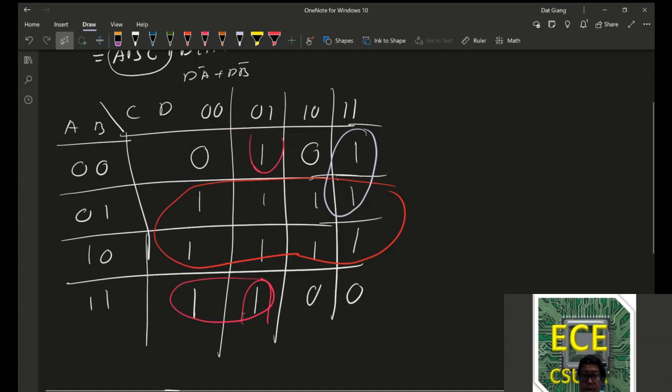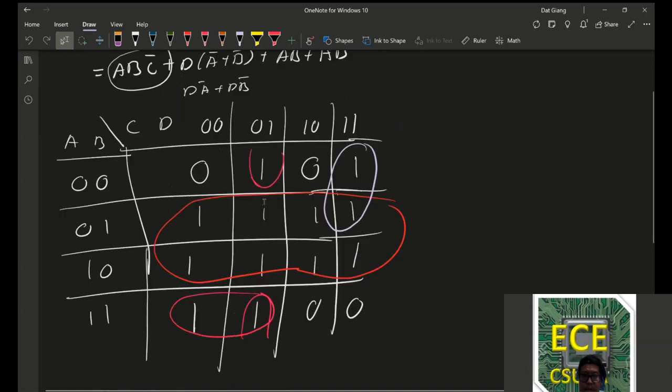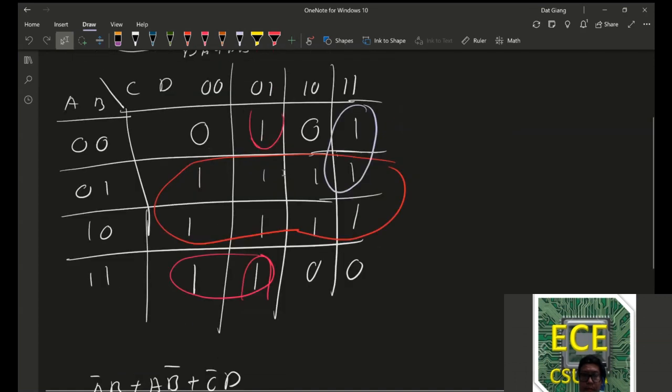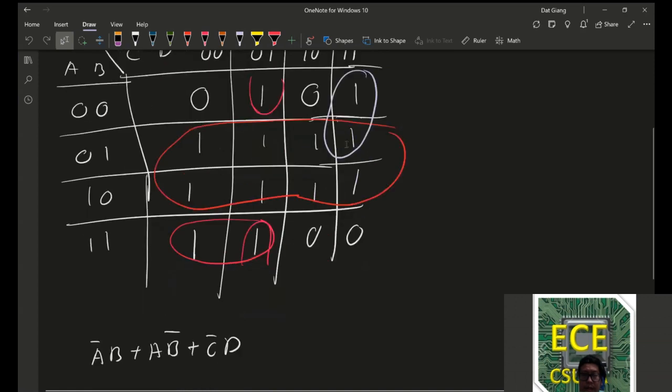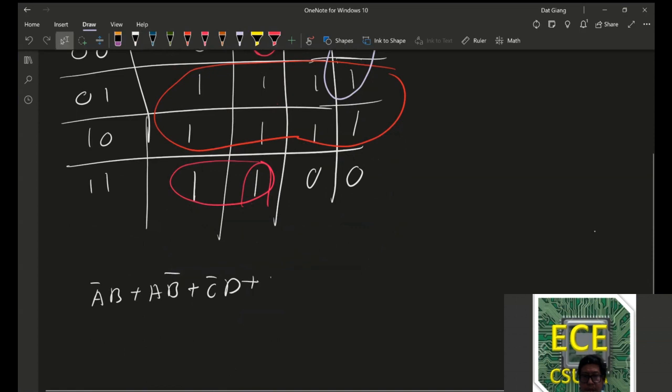Then from over here, we have to check wherever there is no change, and in this case, we have just C bar D as the part that doesn't change. And lastly, from over here, the only time that this doesn't change is when we have A bar C D.